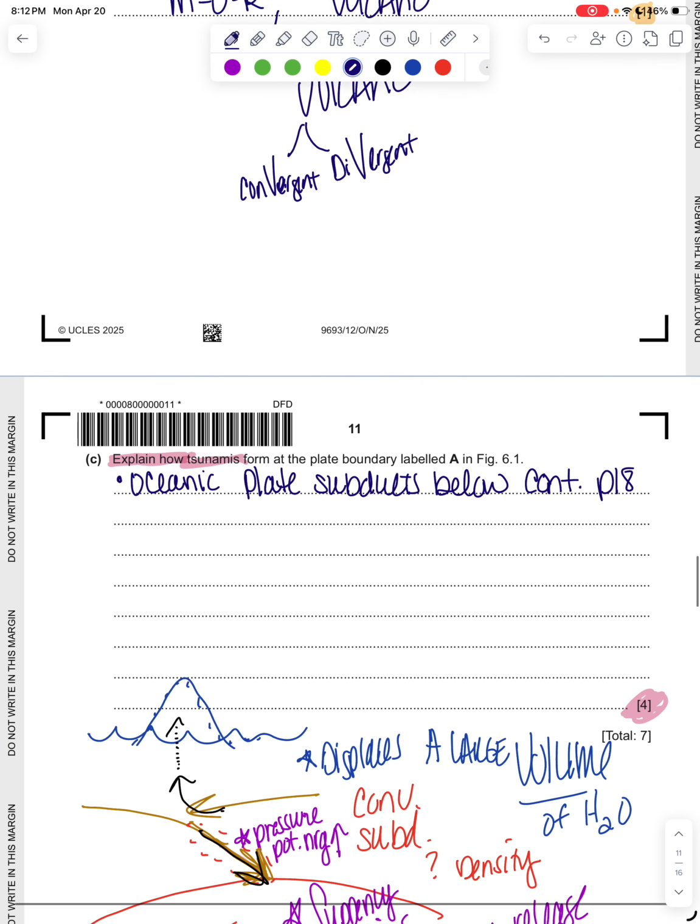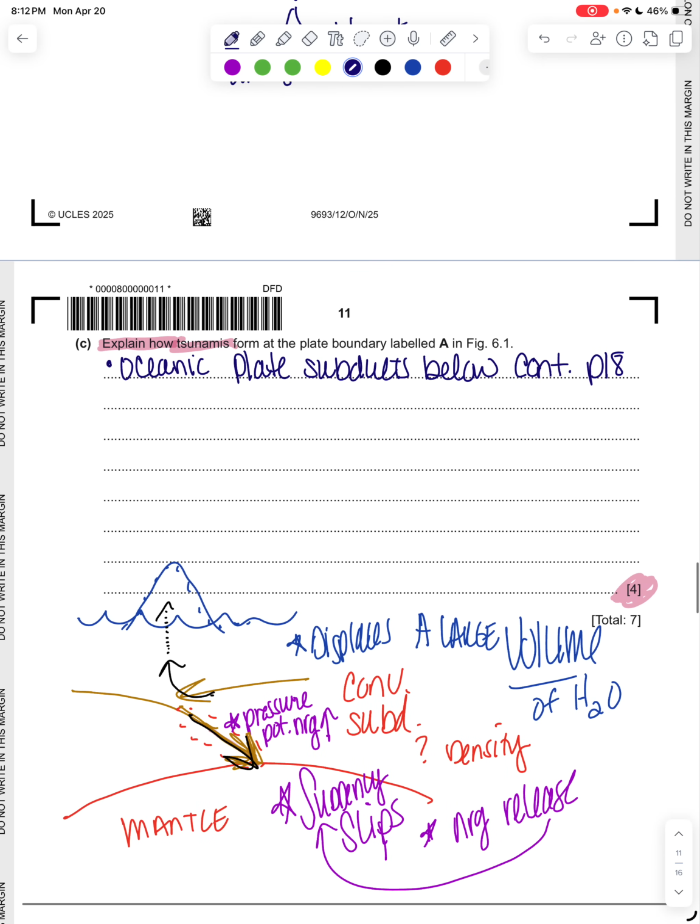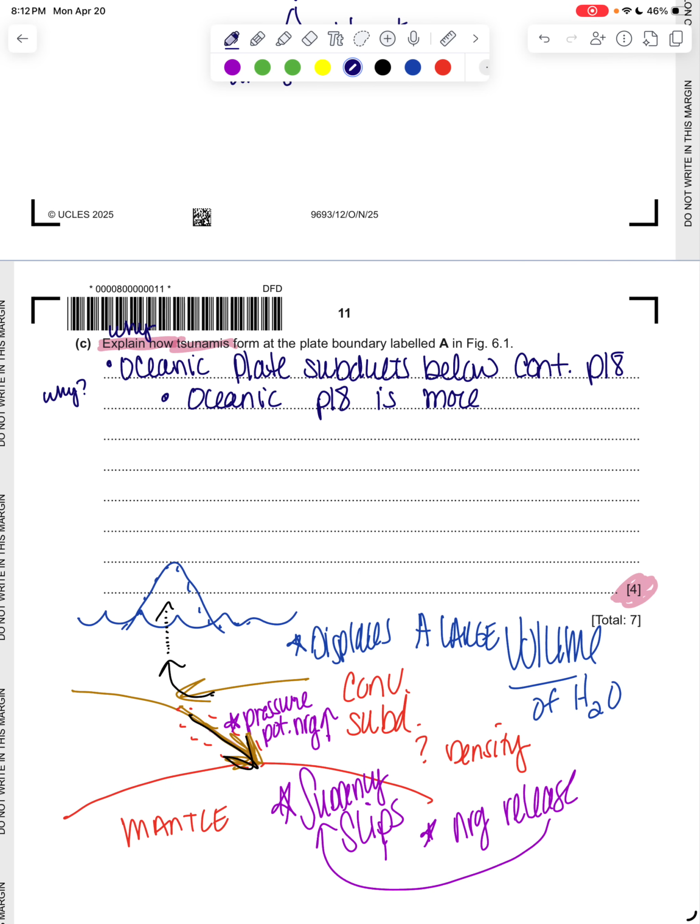Yes, okay, the Pacific plate is an oceanic plate. It's not in the mark scheme. However, the mark scheme does say alternative valid point, AVP. Just from my experience, and tsunamis have been on the syllabus since I started teaching this in 2017, we always want to talk about density. So, like, the explain is why, it's how, give reasons. If I said why, oceanic plate is more dense.